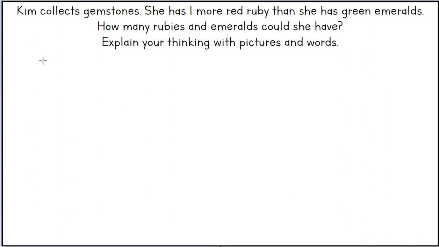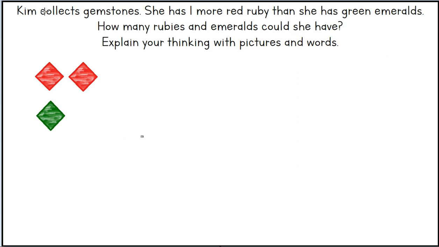So I'm going to say, you know what? She has 2 rubies. 1, 2. All right, so now I know, again, that she has 1 less green emerald, so she has 1 extra ruby. So how many emeralds is she going to have? 2, take away 1. She would only have 1 emerald, okay?